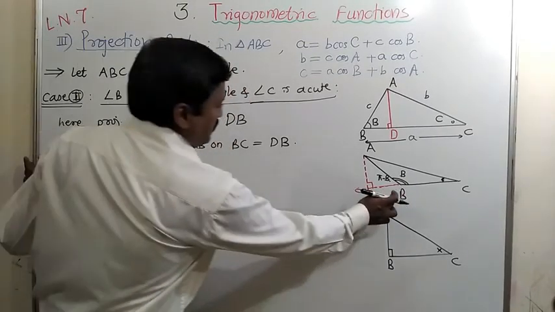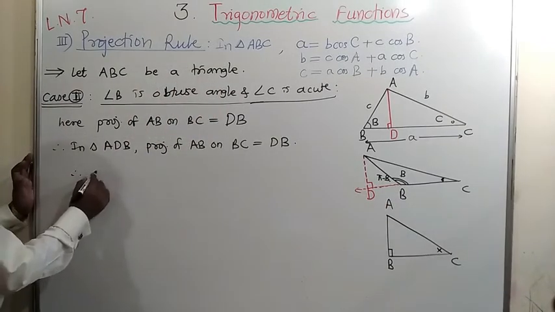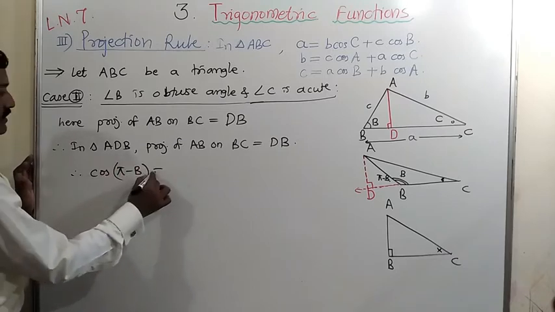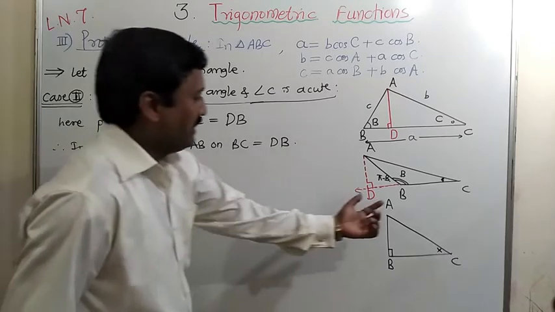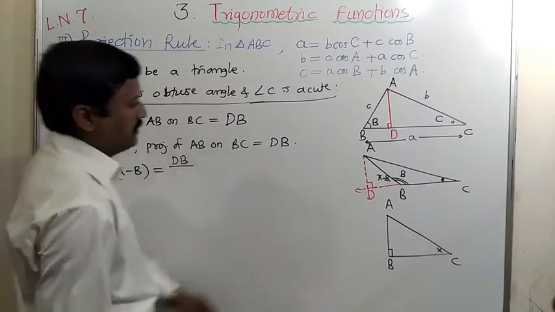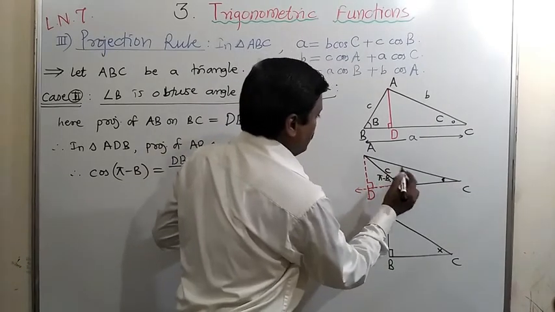But here angle B is nothing but pi minus B. Therefore, cos of pi minus B is equal to the adjacent side, that is DB, upon the hypotenuse, which is AB.